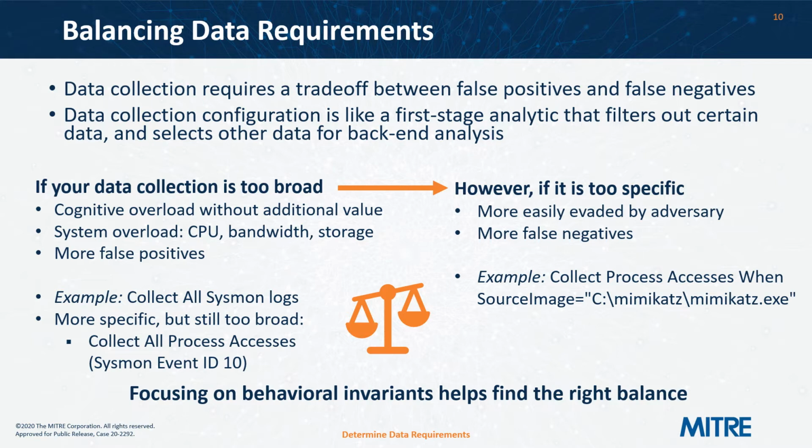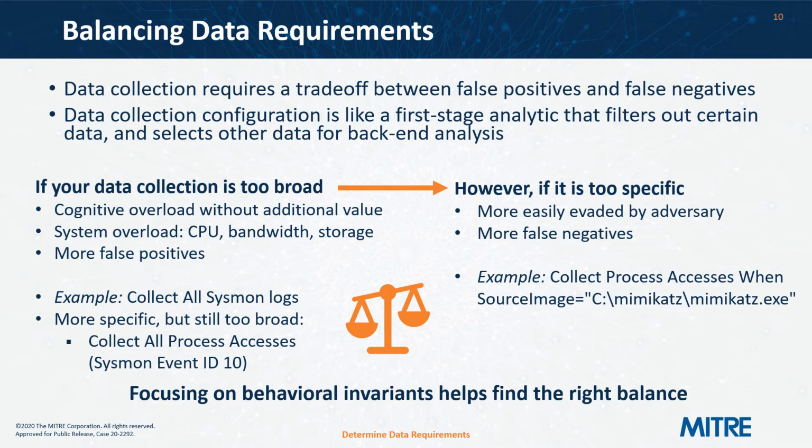However, filtering out a lot of data through a narrow configuration might reduce false positives, but also blind the analytics to important information. Every exclusion in the data collection configuration is potentially a place for an adversary to hide. Similarly, overly specific collection scope can create a brittle instrumentation, which allows an adversary to more easily evade detection.